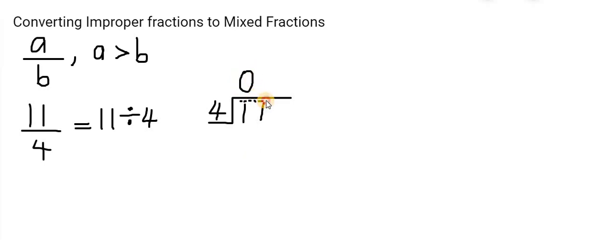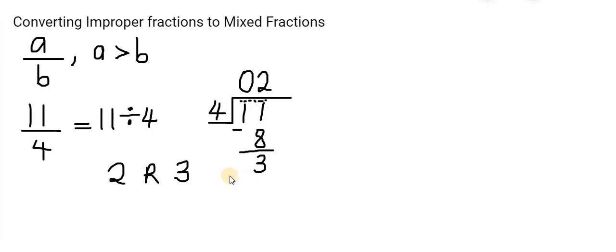The number of 4s in 11, that's 2. That results in an 8 here, and we subtract, making 3. So, 11 divided by 4 is 2, remainder 3.